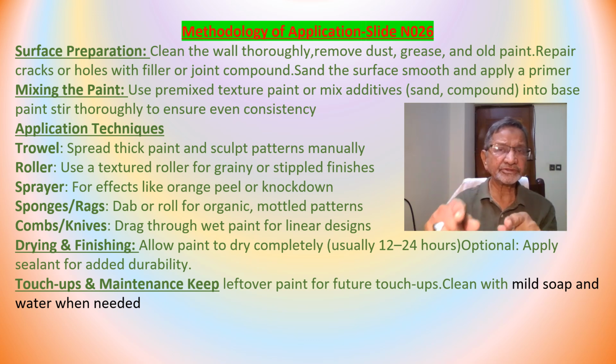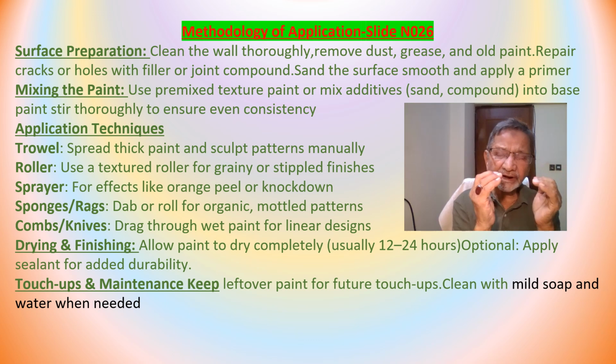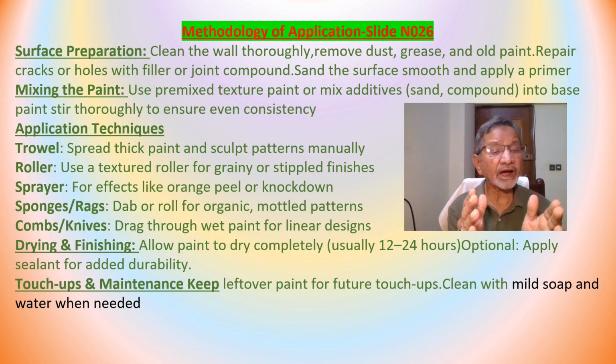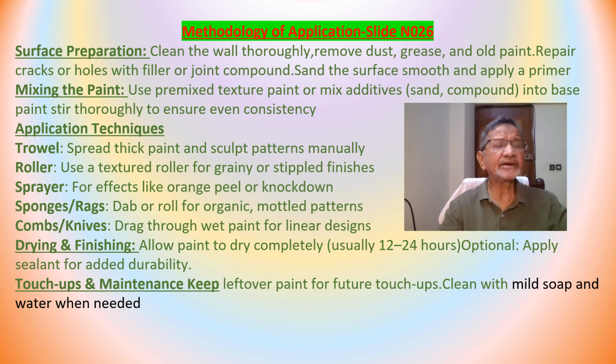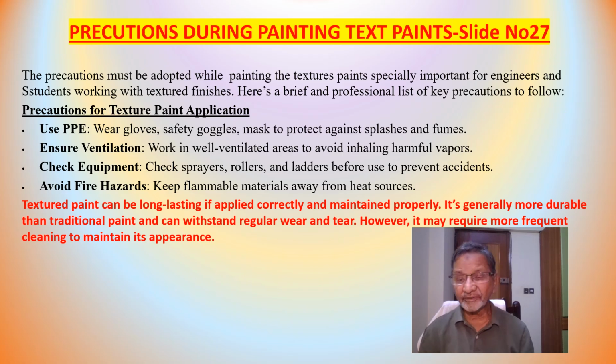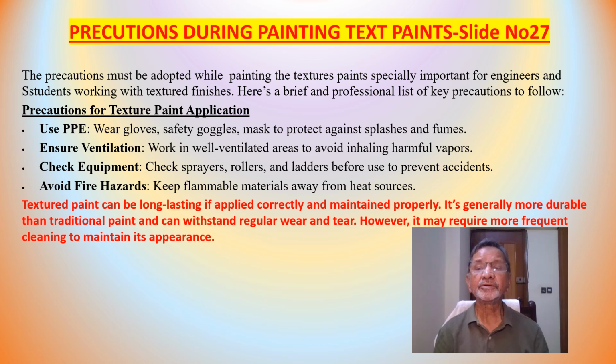You can see in my pictures there are different pictures of different types of paints. The paint should be dried for 12 to 24 hours, then seal it as needed and clean up with soap and water, so that you can get the texture paint exactly the same as whatever look is required.